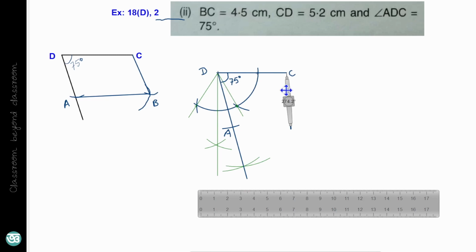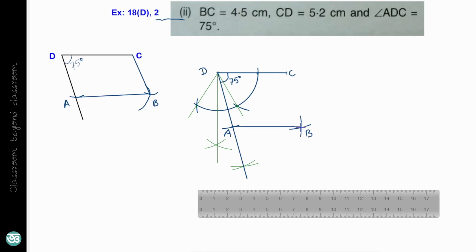From this point, we'll construct another arc like this. Again, DC is equal to AB. So let us take this again, DC equal to DC. From point A, we'll cut this arc. So we get the point B now.